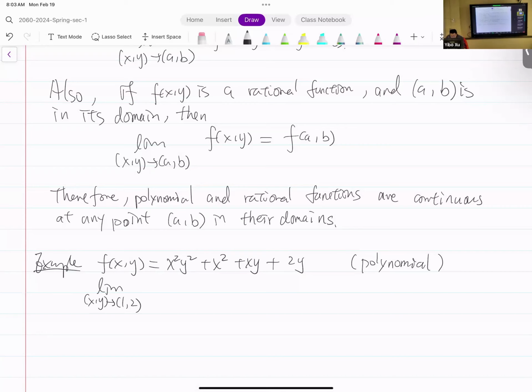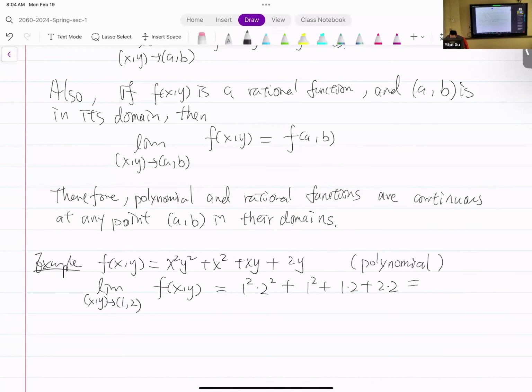If I'm evaluating the limit when the xy pair approaches 1, 2, then the limit of the function is just the function value at 1, 2, plugging in x equal to 1 and y equal to 2. So this is 1 squared times 2 squared, plus 1 squared, plus 1 times 2, plus 2 times 2.